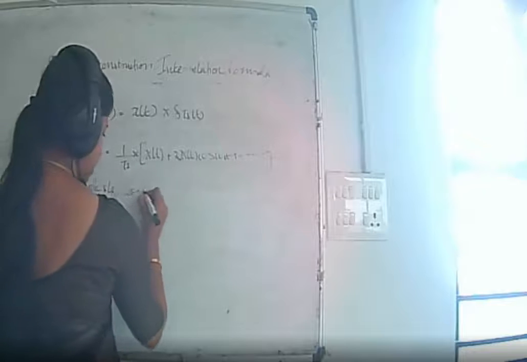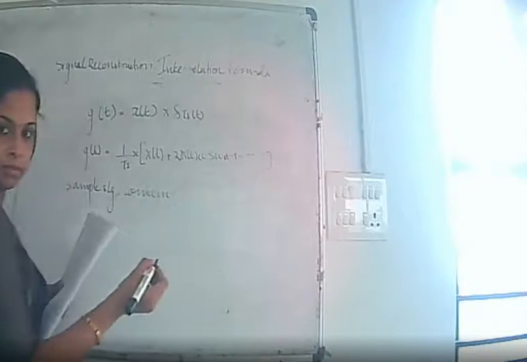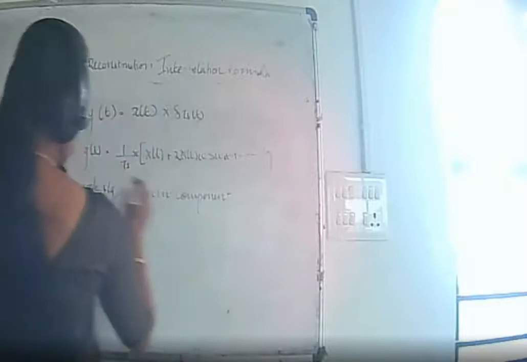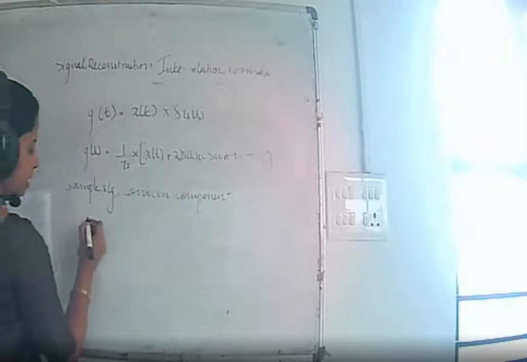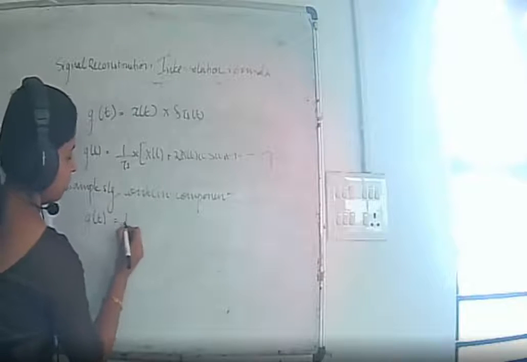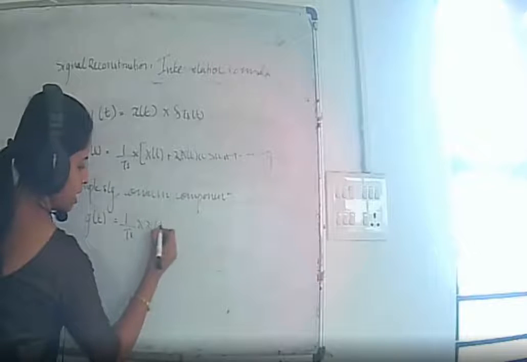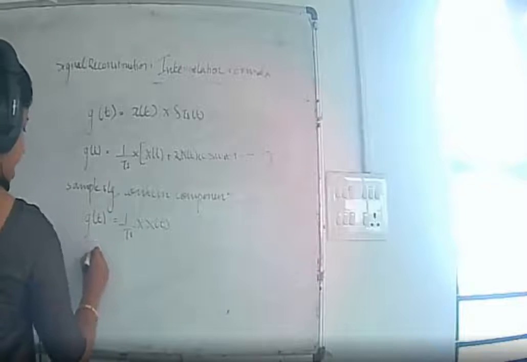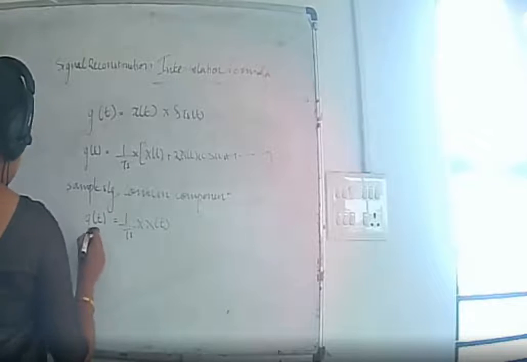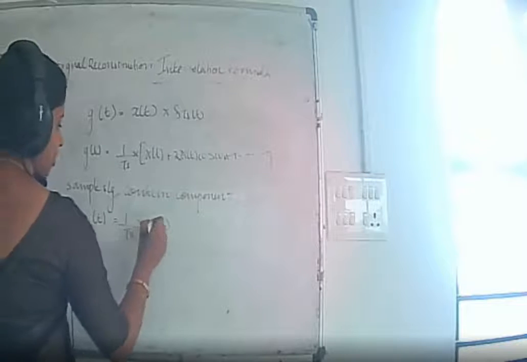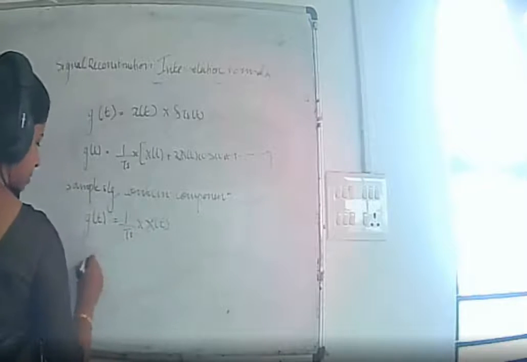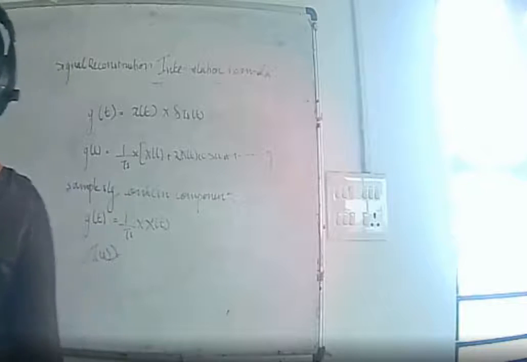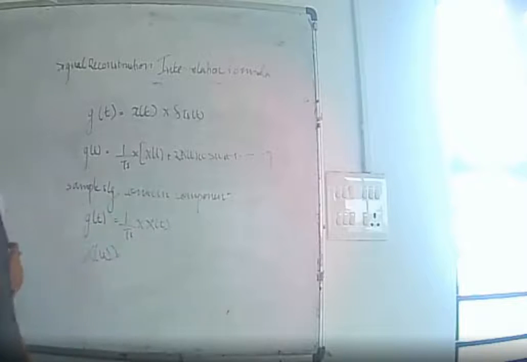Sampled signal contains components, which is 1 by Ts into x of t, where x of t is the continuous time signal, and we can represent the spectrum of this continuous time signal by X of omega, which is obtained by passing through an ideal low pass filter with gain Ts.